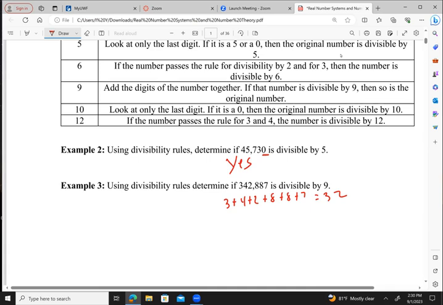So that tells us that 342,887 is not divisible by 9. Okay?